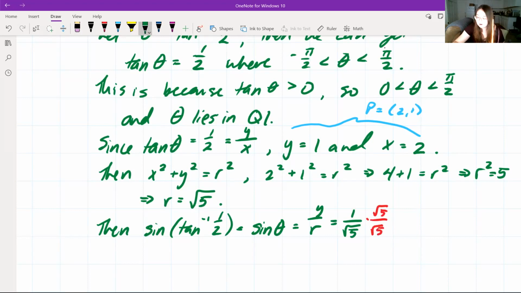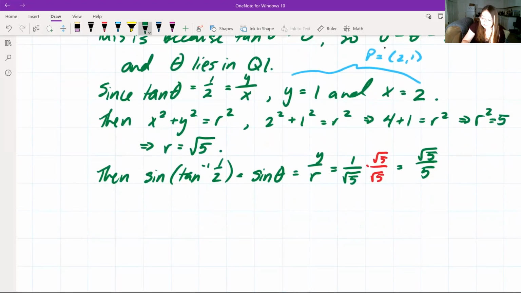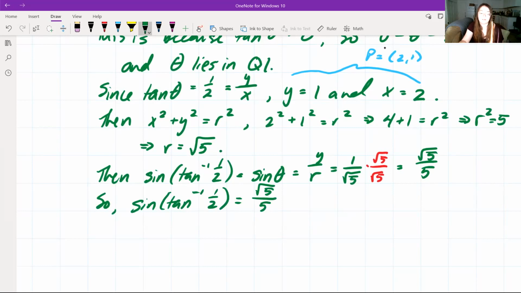So we get rid of the square root, and this gives us the square root of 5 over 5. So this is the value of our original function. So sine of tangent inverse of 1/2 is equal to the square root of 5 over 5.